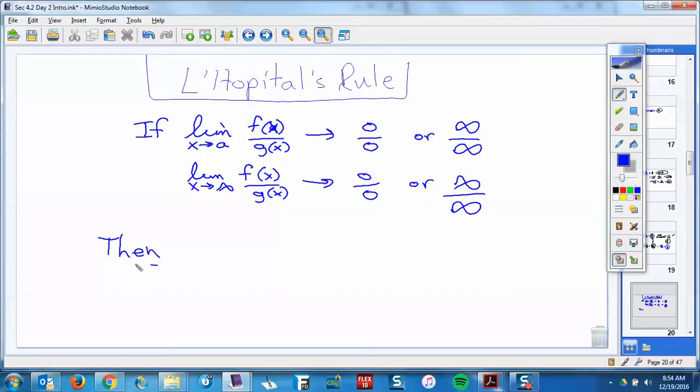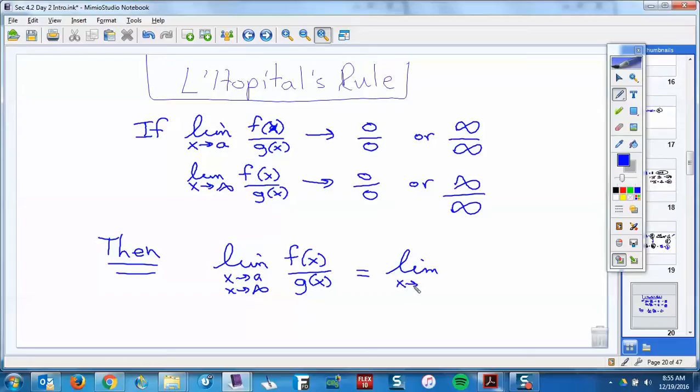Then the limit of f of x over g of x is equal to the limit, x approaches a, or it could be x approaches infinity, either one, is equal to the limit of f prime over g prime.